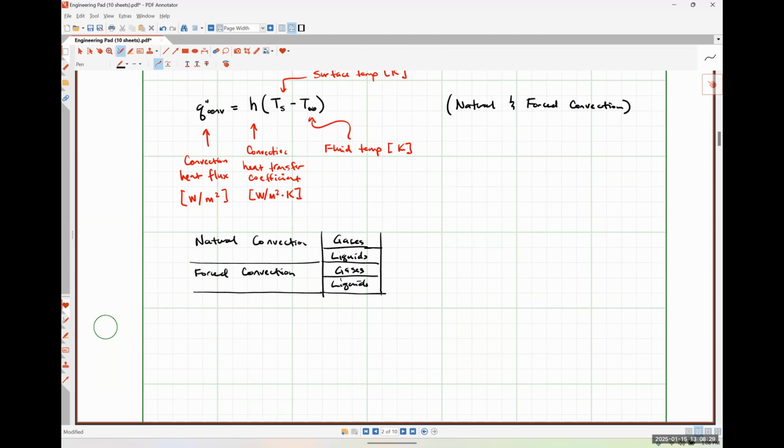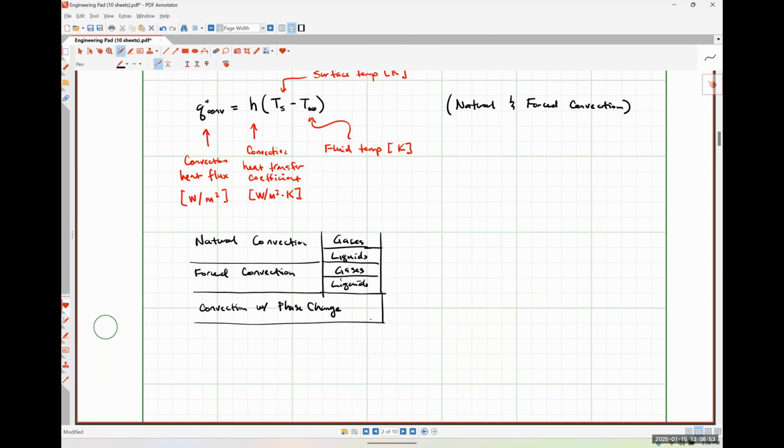And then underneath here, I'm going to have convection with a phase change. So this could be boiling or condensation. I don't have a separate entry for gas and liquid because we're in the transition point between those two states of matter.